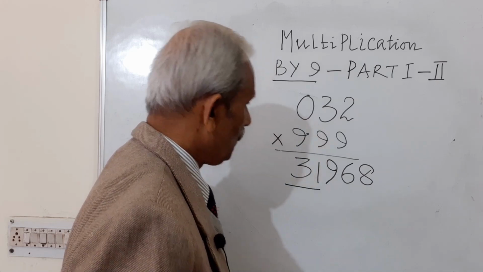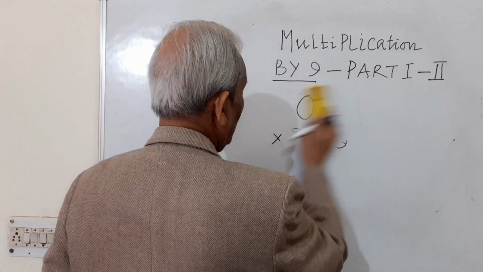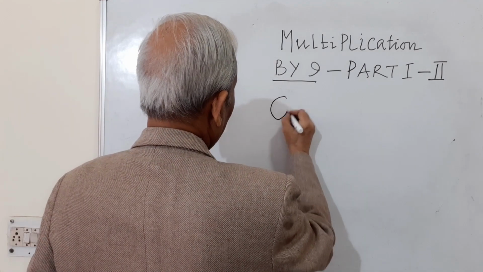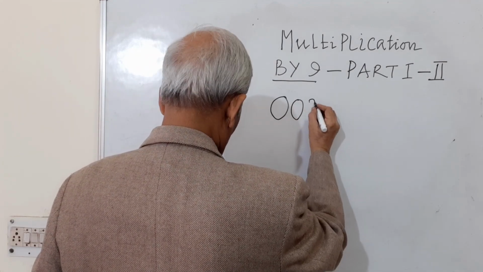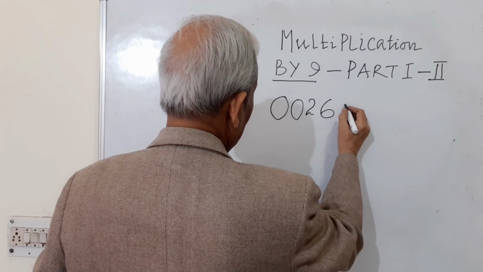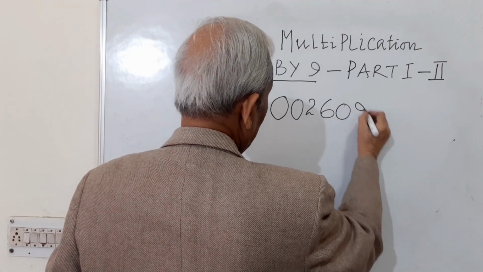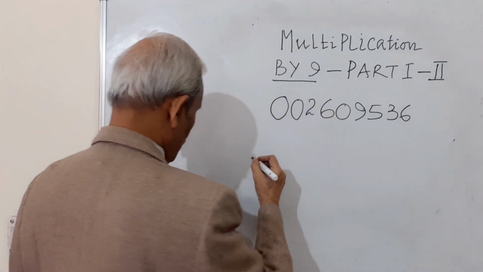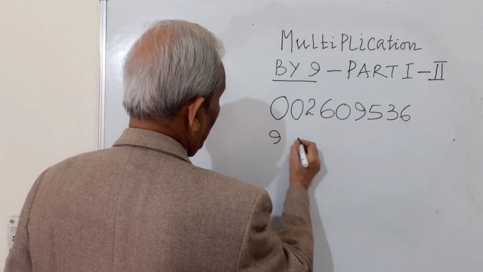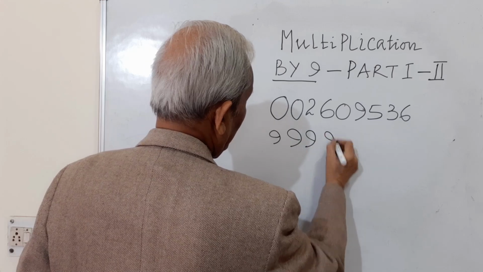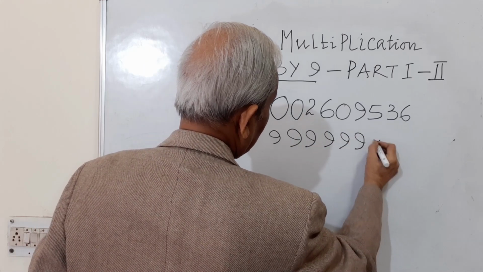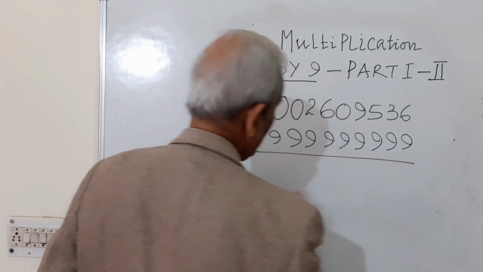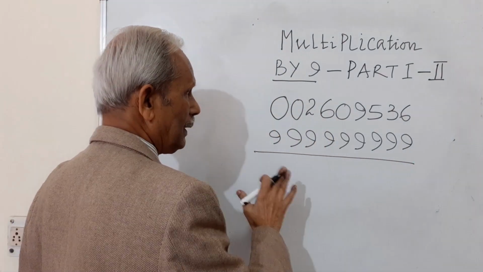Well, I'll do the last question for you. The last question for you is quite just for your curiosity. 002609536, a big number. And you are asked to write down the multiplication with this. Very dreadful to see this question, but we are doing it quite easily.